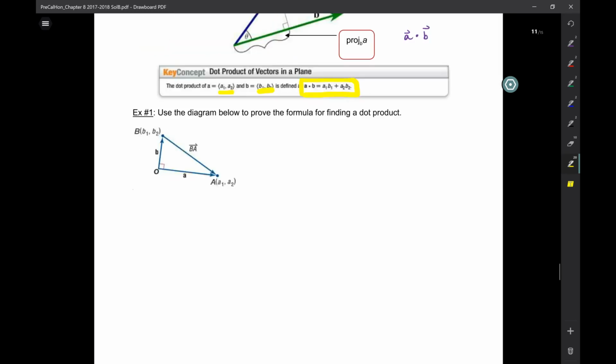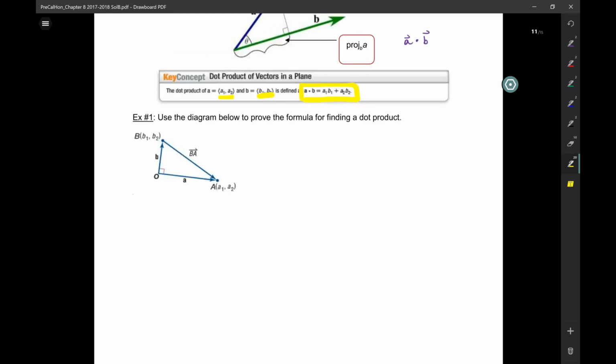Now, let's explore this a little bit. Here we have a right triangle. Is there a way to relate the sides of this right triangle? How are the sides of the right triangle related to each other?